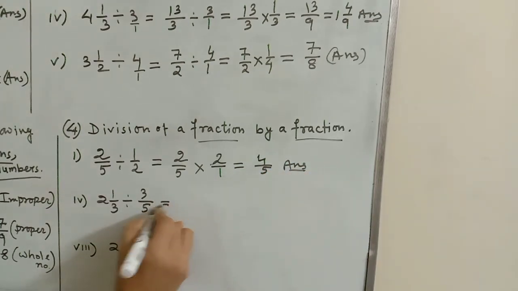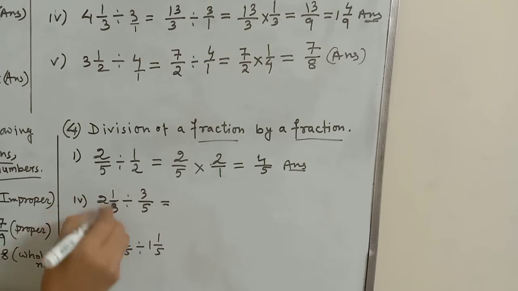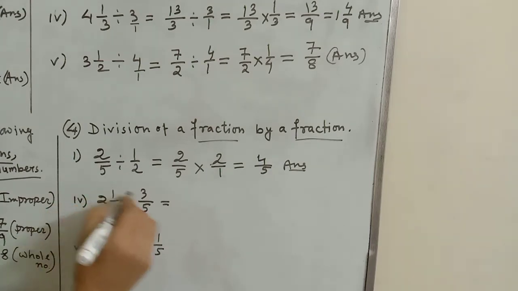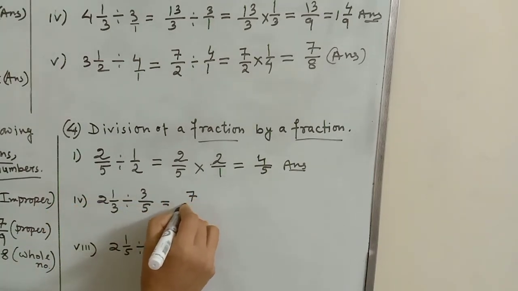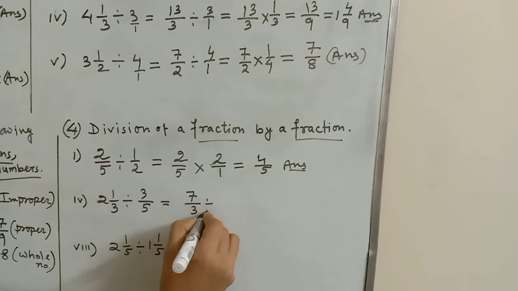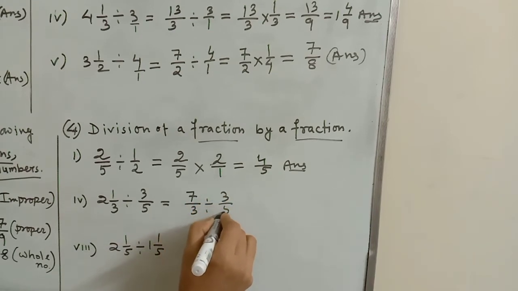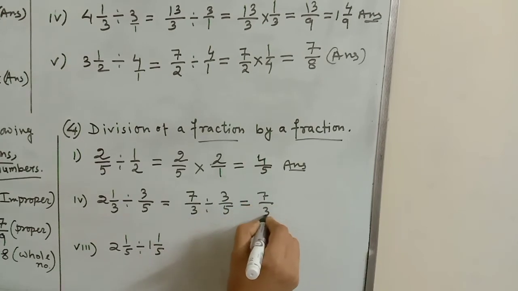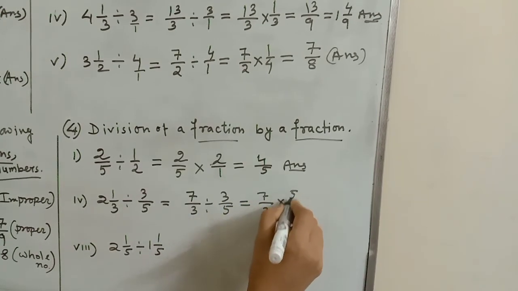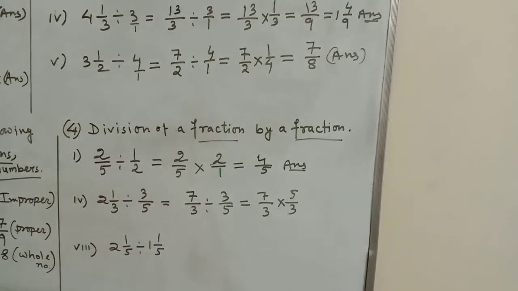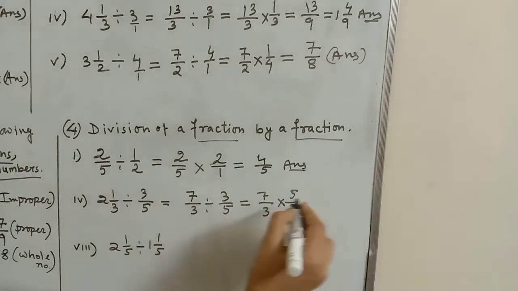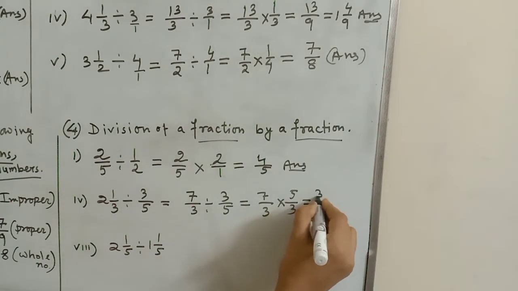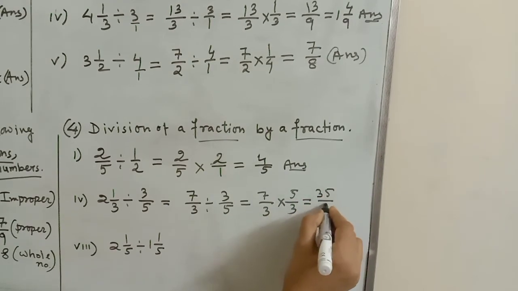Next sum is a mixed fraction, so first make it an improper fraction. 2 3s are 6 plus 1, 7 by 3 divided by 3 by 5, that is 7 by 3 into 5 by 3. So the number is 7 5s are 35 by 9.